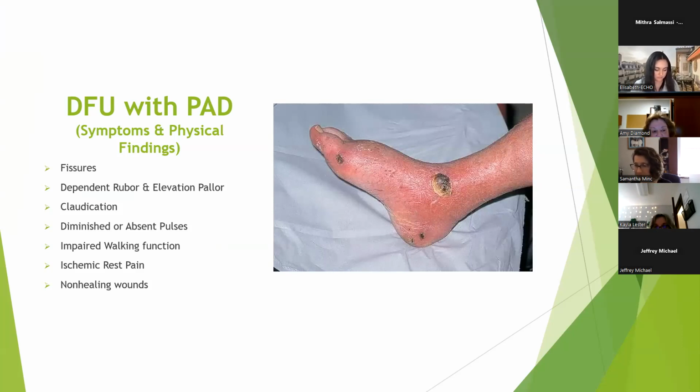Diminished or absent pulses. As the limb ischemia gets more critical towards acute, you're going to start to have impaired motor sensory function, so you're going to have impaired walking function as well. I didn't put the diminished hair, but that's a sign. Rest pain, pain waking them up at night, more of a sign that you've probably got more severe disease.